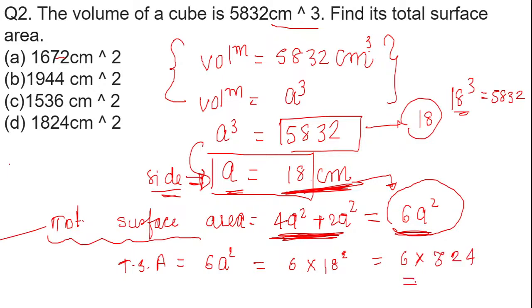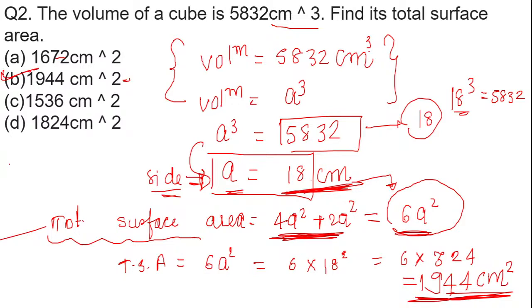So simply after multiplication, we can get the value of the total surface area of the cube. So the total surface area of the cube for the given cube in the question is 1944 centimeter square. So for this particular question, option number B is the correct answer. Option number B. I hope you have got this.